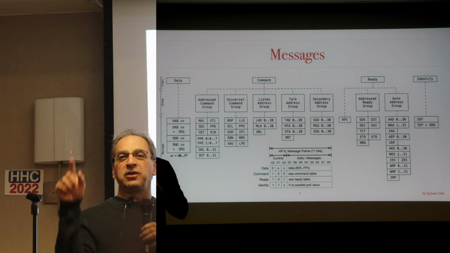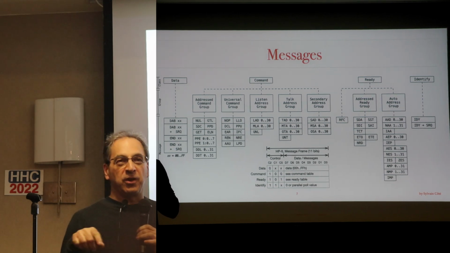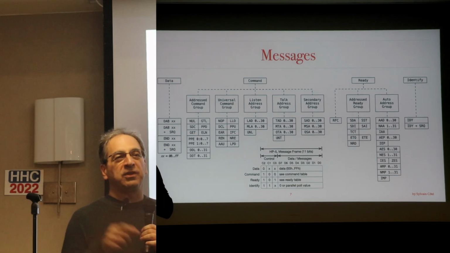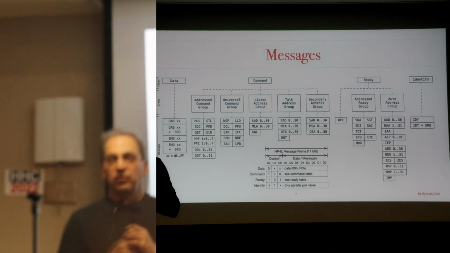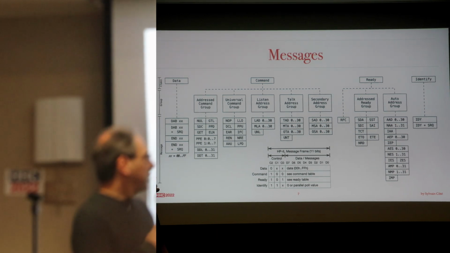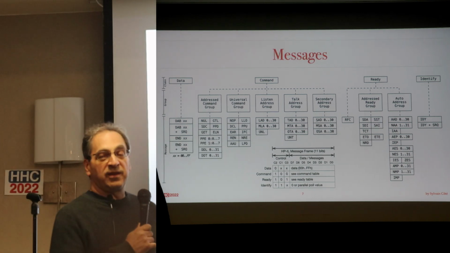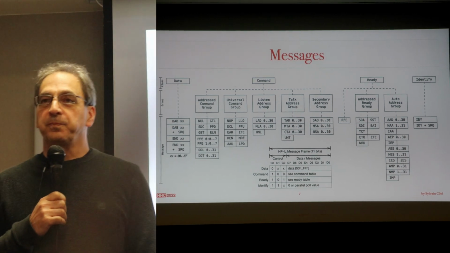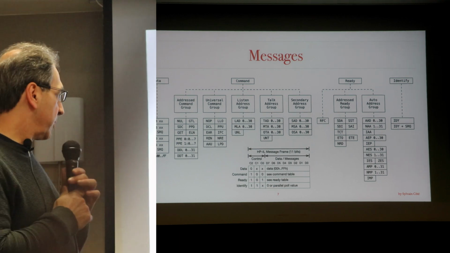You send an identify on the loop, and it's going to detect if you can communicate over the loop, or if the loop is broken. But also, it's a way to detect if somebody needs to be serviced. So it's an identify message. And command and ready are where you're going to control the loop.